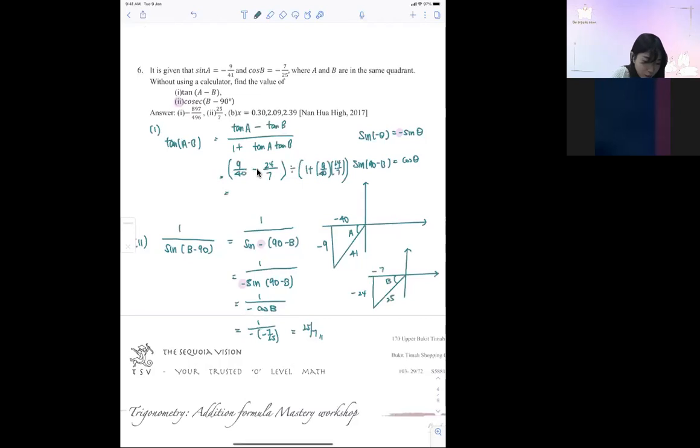Can you help me see where I went wrong? I think it's your O. Tangent is O over A. You put A over O for tangent B, which is 24 over 7. Ah, okay. And then, right, you must put a bracket here. You didn't put a bracket.